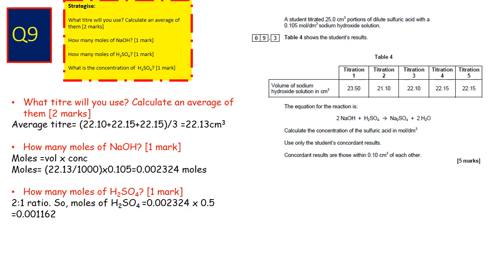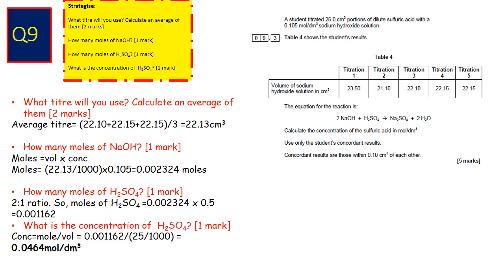So I'm going to times my number by 0.5 or divide by 2, same thing, and get moles of sulfuric acid to be 0.001162. What is the concentration then? Concentration is moles divided by volume. So plug the numbers in, again converting my volumes into decimeter cubed, and I get an answer of 0.0464 moles per decimeter cubed. They're looking for a minimum of 2 significant figures. Just be aware of that.